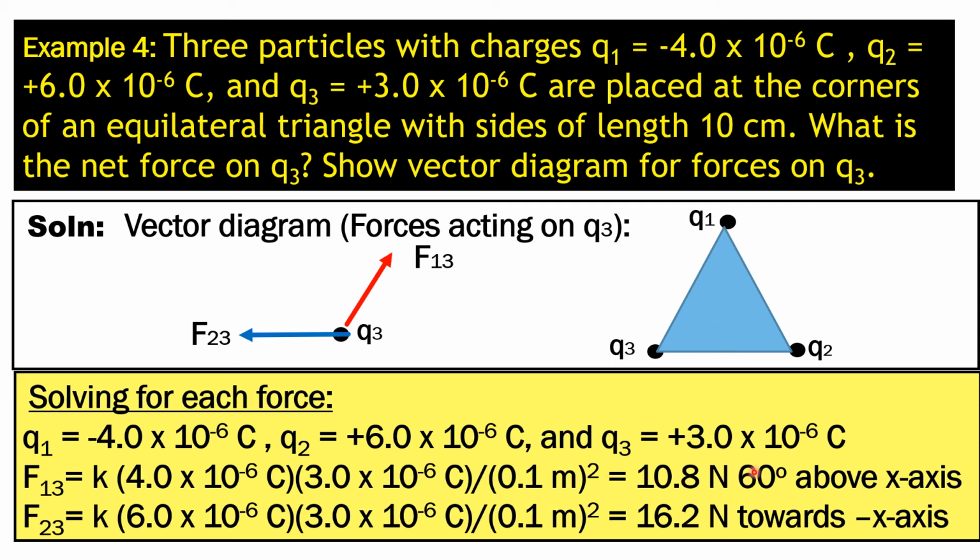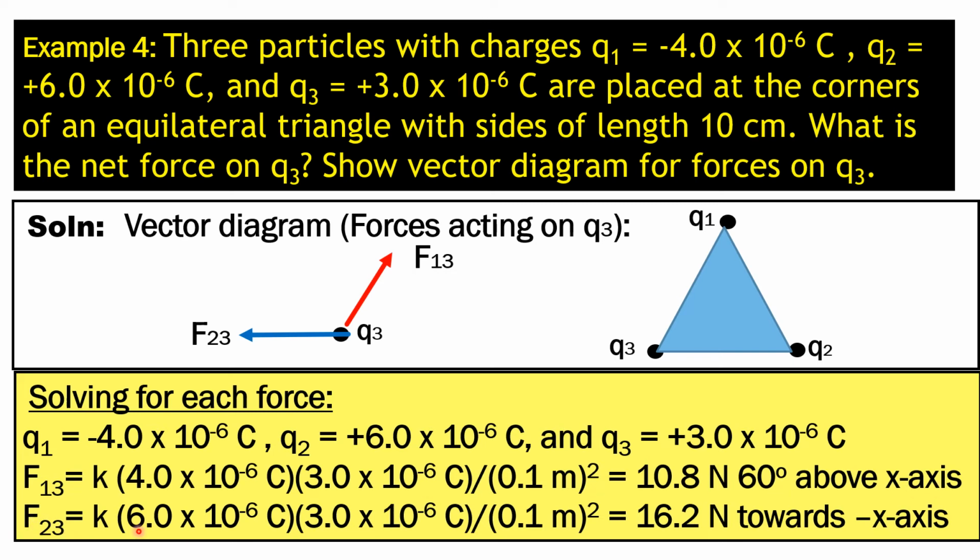So with respect to the horizontal, we say that the direction of F13 is 60 degrees above the positive x-axis.